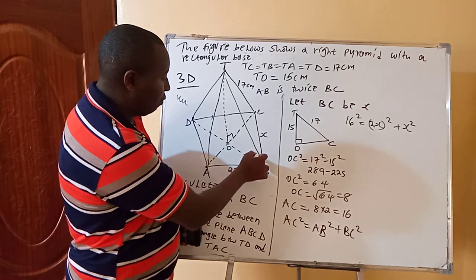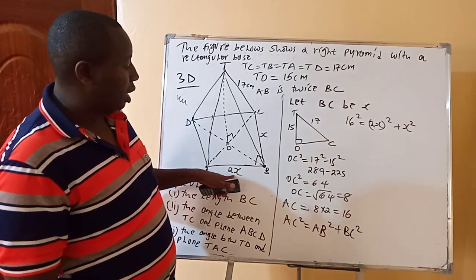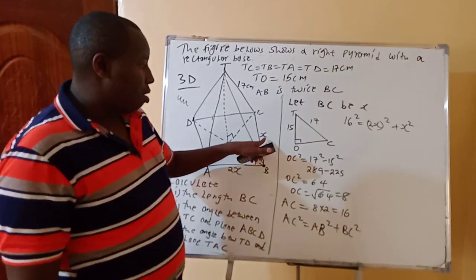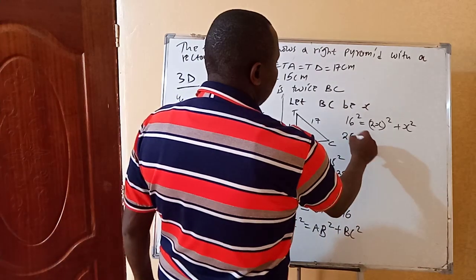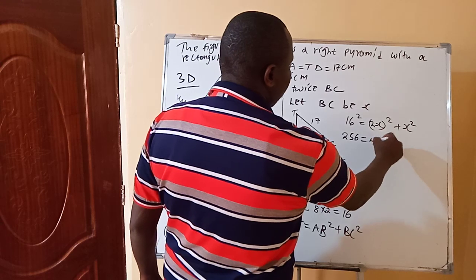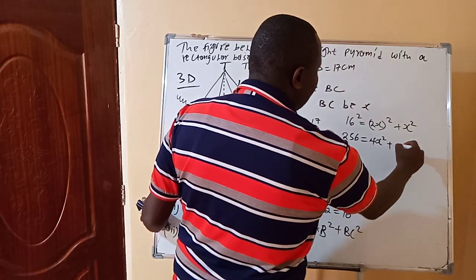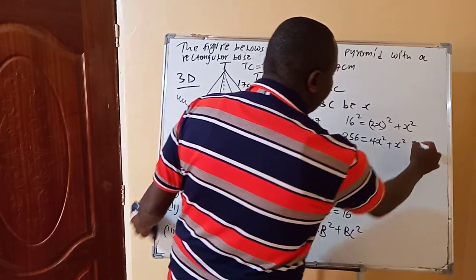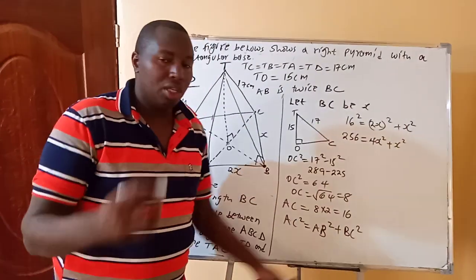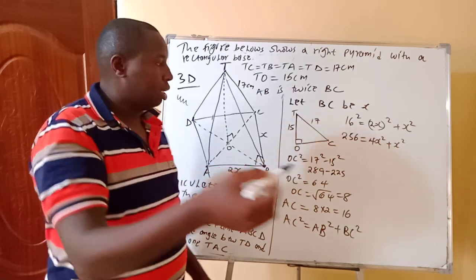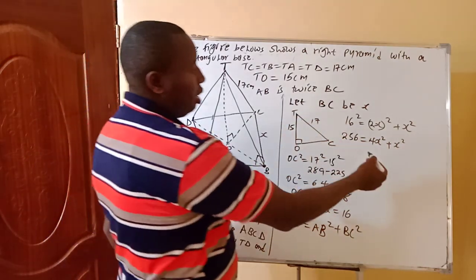This angle here is 90 degrees. So you square everything: 2 squared times x squared gives 4x squared, plus x squared.